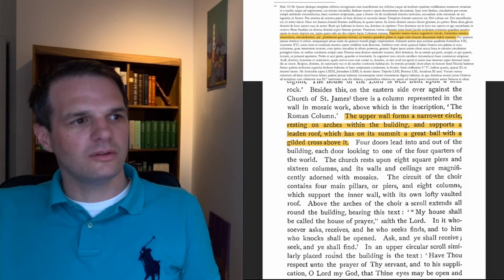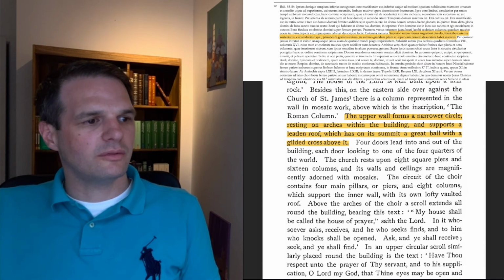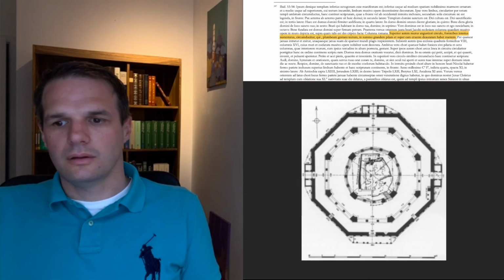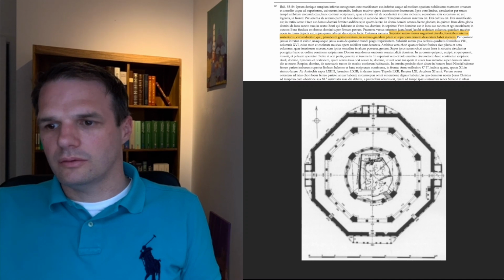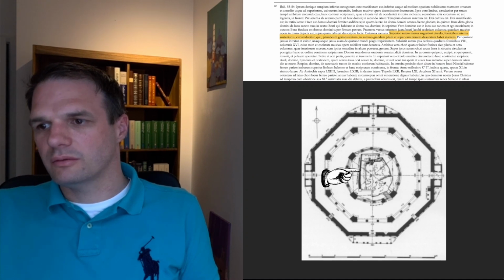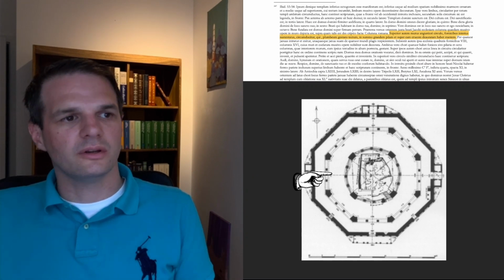Let's look at the floor plan once again. So you have this inner circle of columns, and on those columns rises the drum and the actual dome and the cupola.